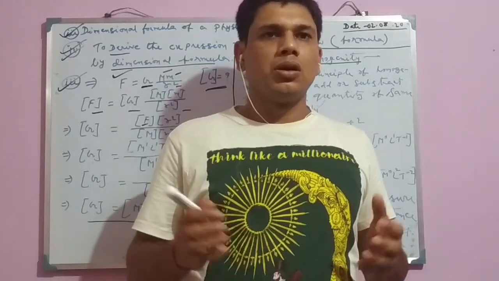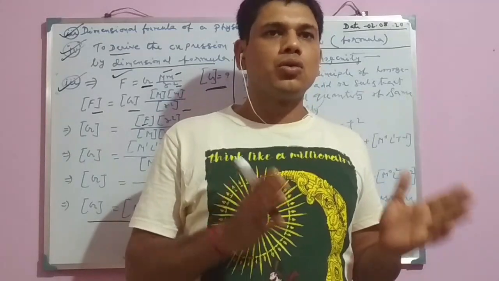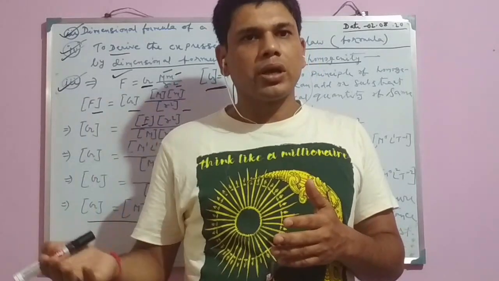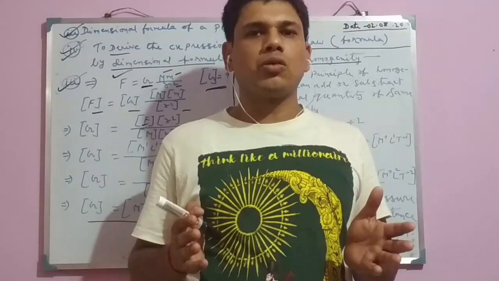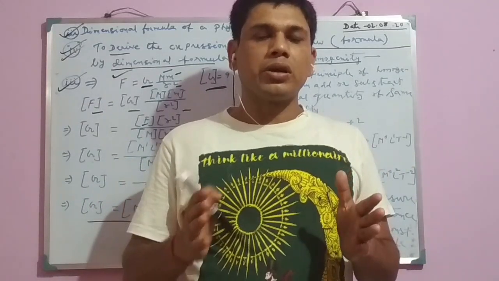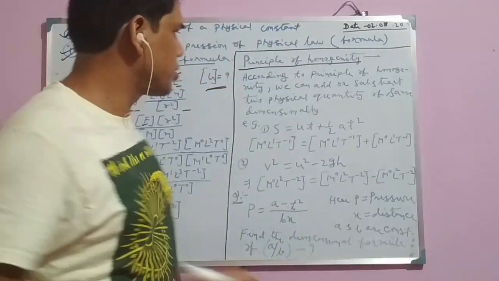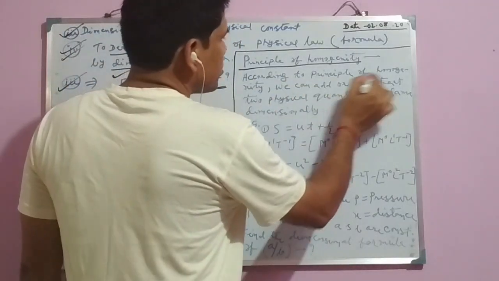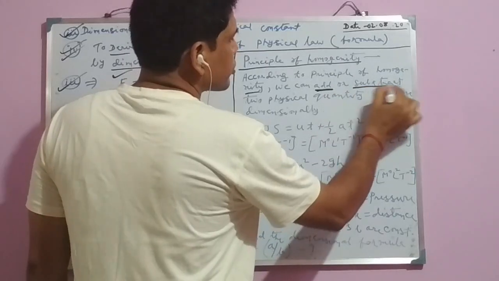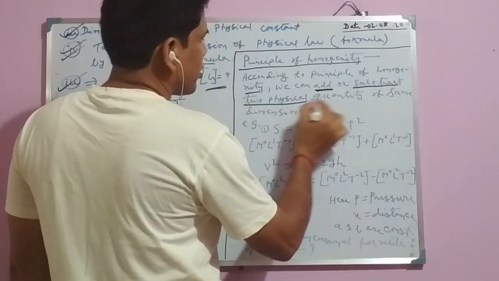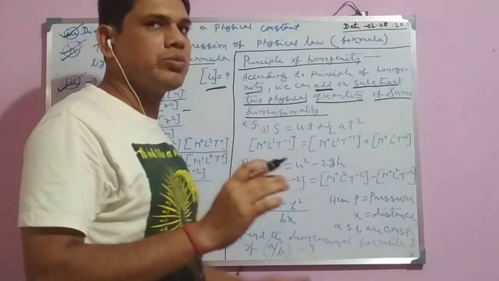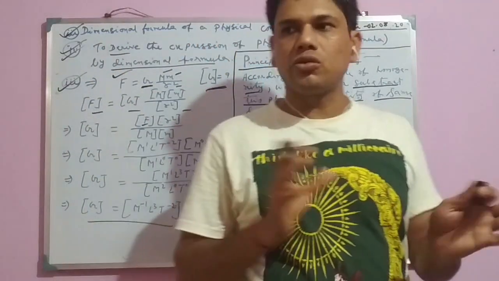Is it clear? We can add two or more, or subtract two or more physical quantities, when all the physical quantities are dimensionally the same. When both are the same, then we can add or subtract the two physical quantities.